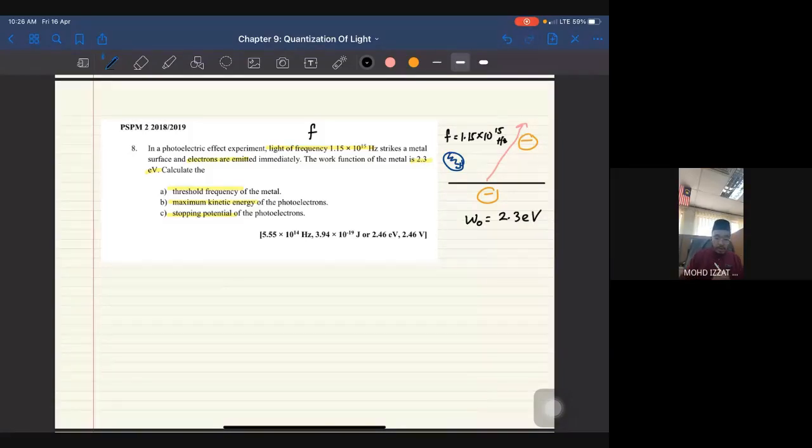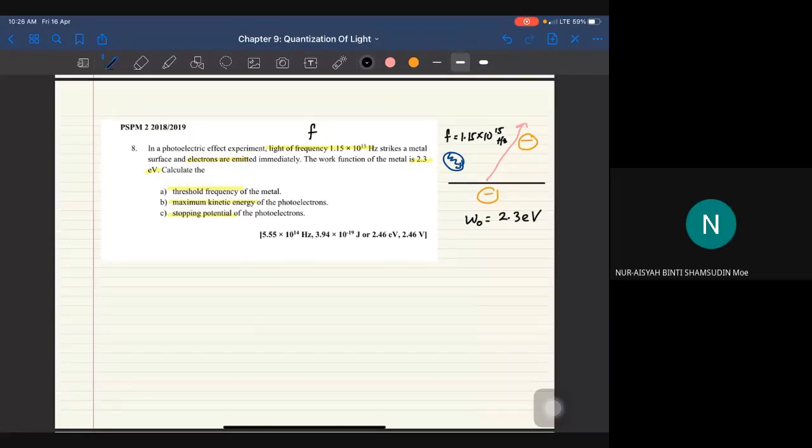Okay, the first question, they want you to find the threshold frequency. So what is the symbol for threshold frequency? F not. F naught. Okay, good.